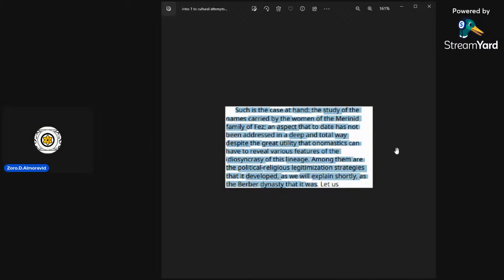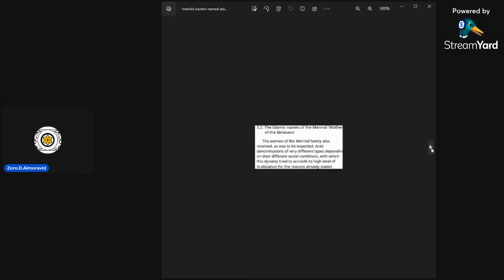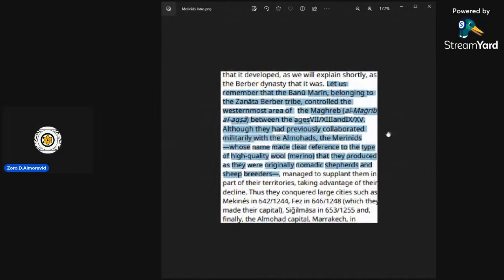And so, let's start by introducing the Marinids. The Marinids, as I explained earlier, are the Berber dynasty that ruled the Maghreb between the 12th, 13th, and 15th century.